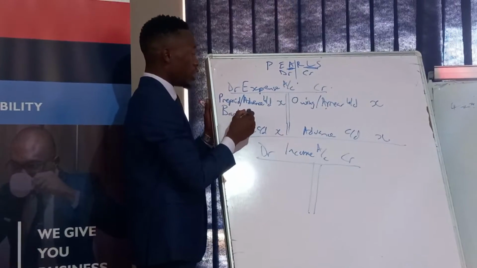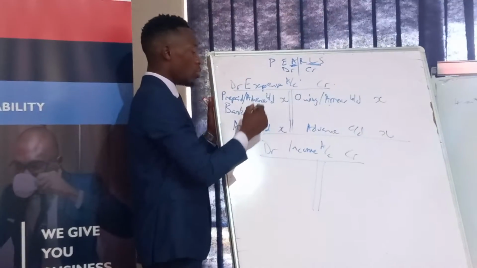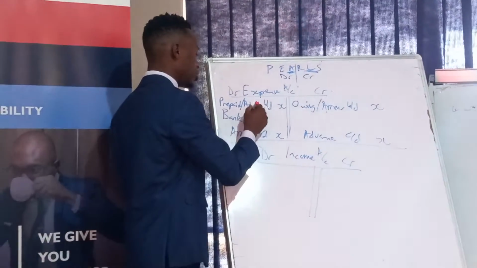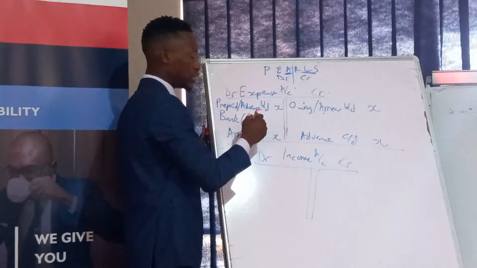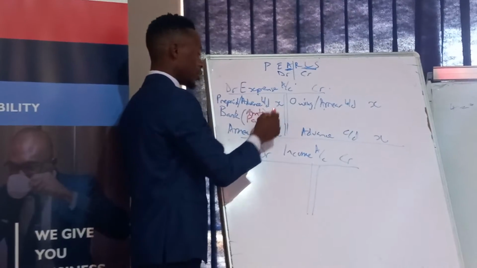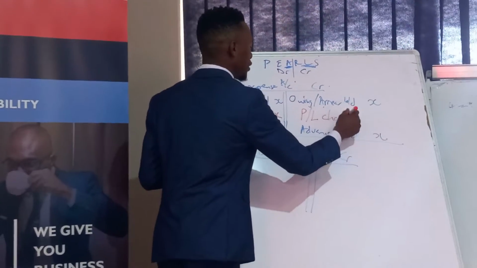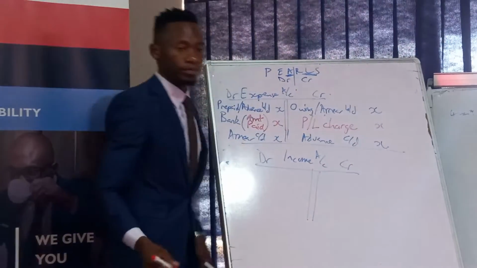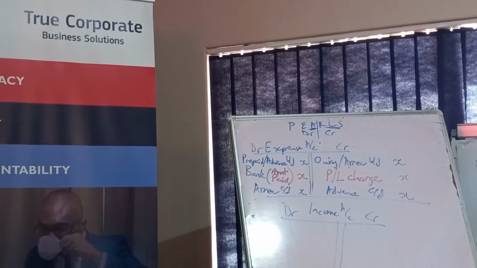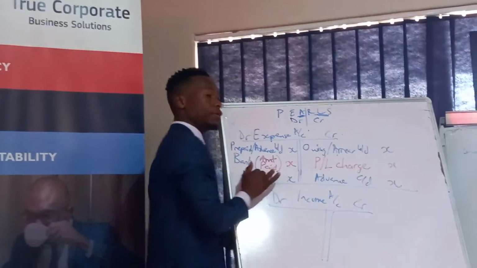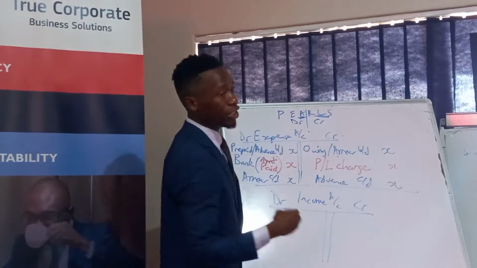Bank here, when it's the expense account, we'll be talking about the amount that you have what? Paid, right? The amount paid. Then here, this is the P&L, the amount what? Charged. You follow that? So this is the amount that has been paid, this is the amount that has been charged.